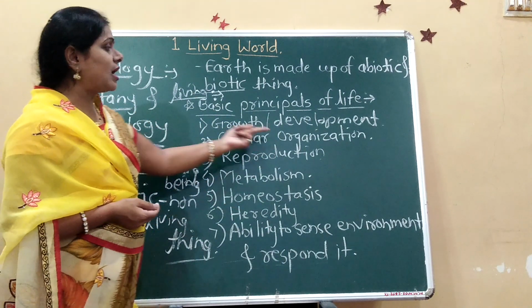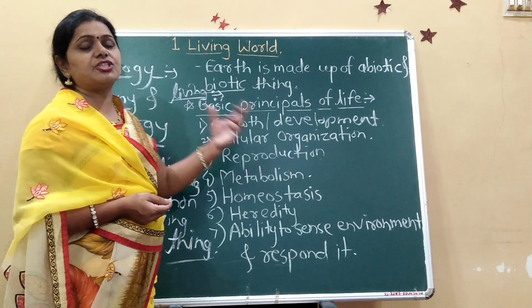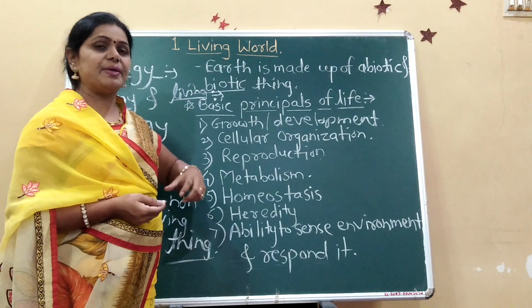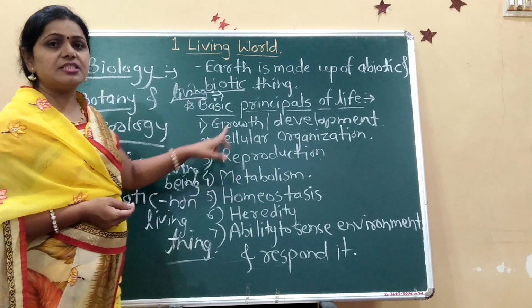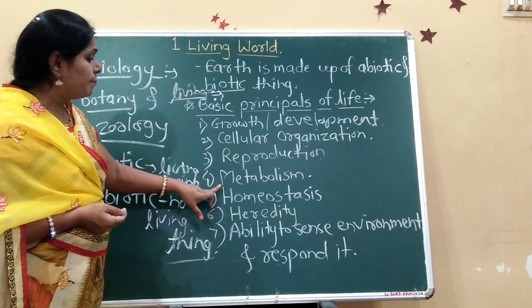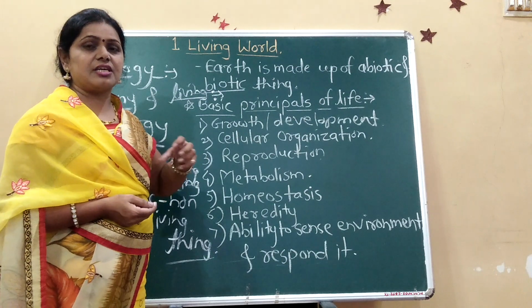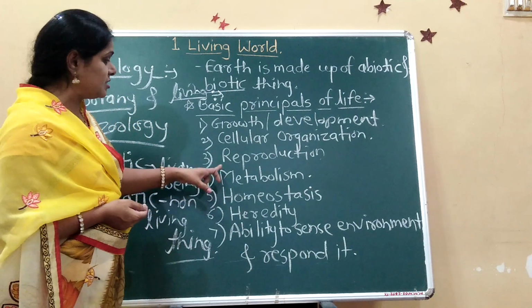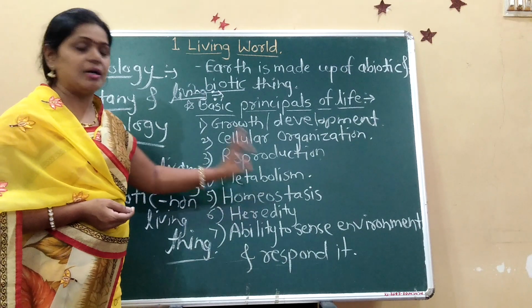Then cellular organization. What is cellular organization? Here the पेशीमय रचना, a living being is made of cells. Then reproduction, that is प्रजनन. Then metabolism, the various chemical reactions concerned, that is chay apachay, the anabolic and catabolic.